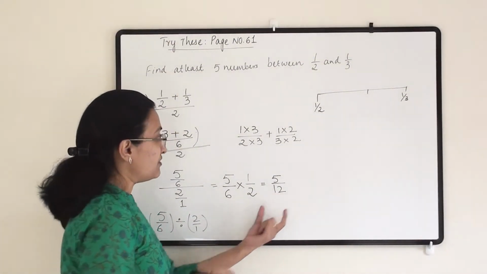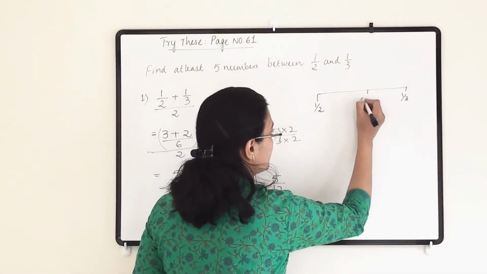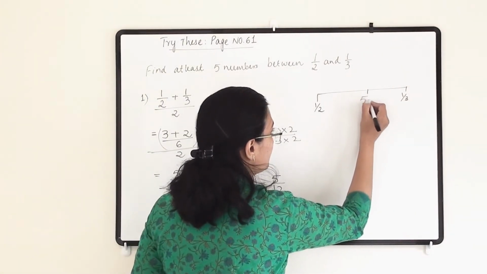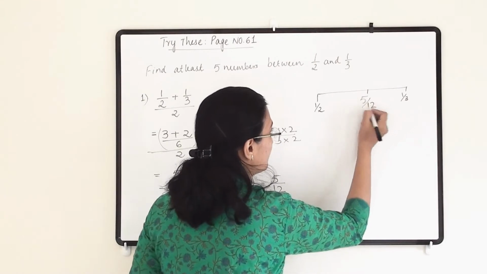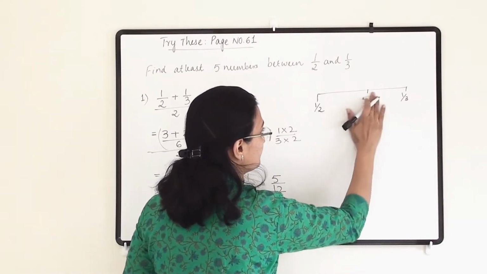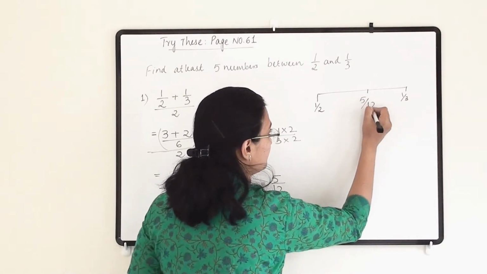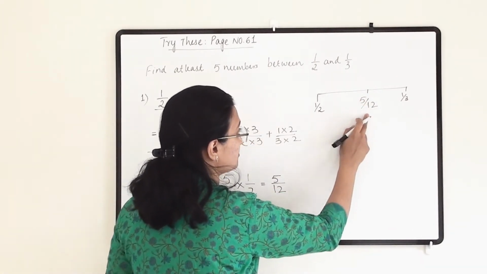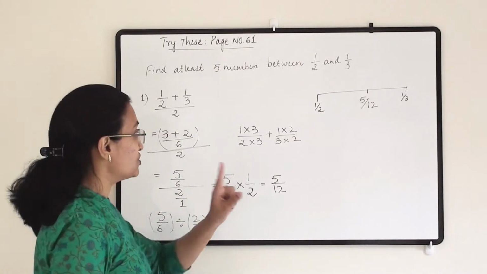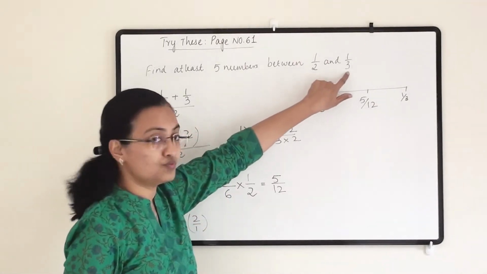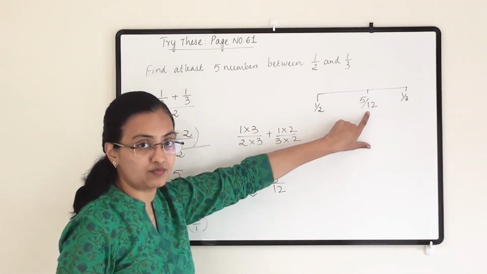So this 5 divided by 12 we can write here as our number which will come in the middle. This is our first number which will come in between 1 by 2 and 1 by 3, that is 5 divided by 12.